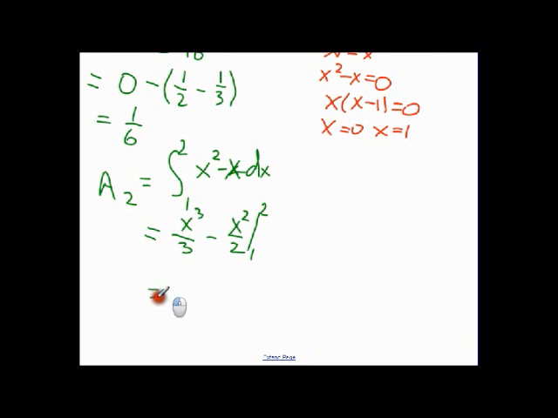Plugging in 2 here, we get 8 over 3. Plugging in 2 here, we get 4 over 2. And then we're going to subtract plugging in 1, so we get 1/3 minus 1/2.